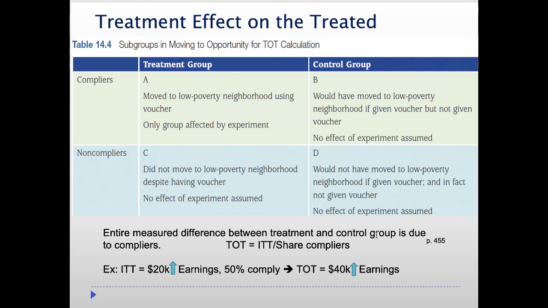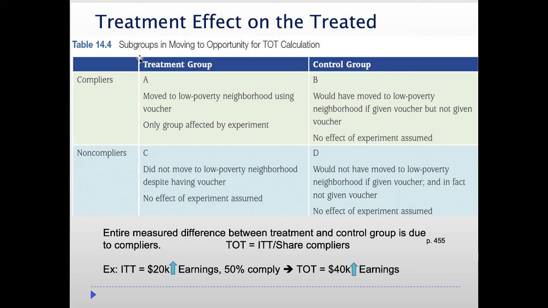I'm giving all this data. They're reminded of this. No, again, we're assuming no effect. It turns out that if you do this, you can calculate the treatment on the treated effect just from knowing the intent to treat effect and the share of compliers.